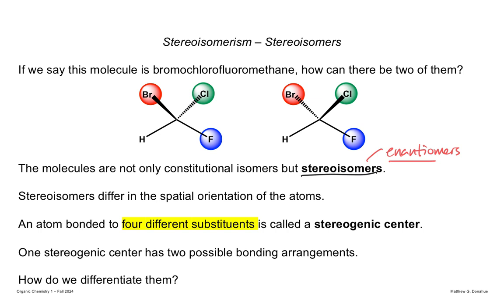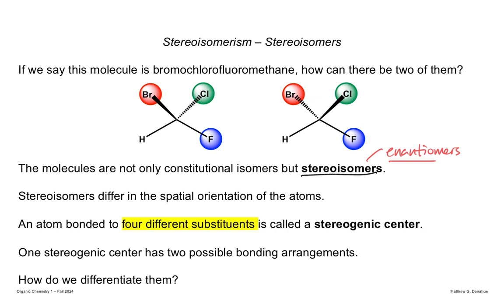There's another word that we're going to use probably on Wednesday called diastereomers. Those are molecules that have more than one stereocenter. So we're building up to describe any molecule, basically. They differ in the spatial orientation of the atoms.